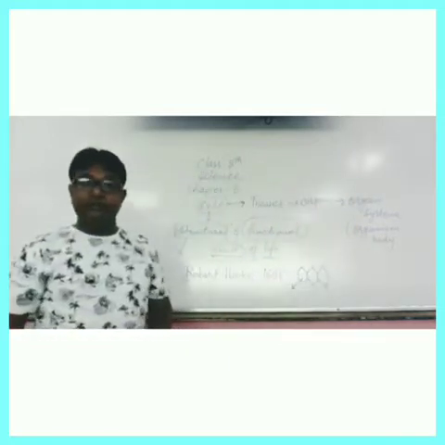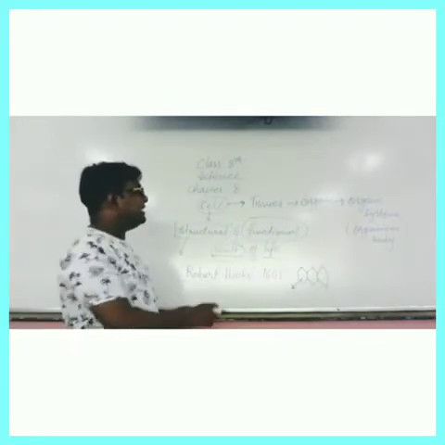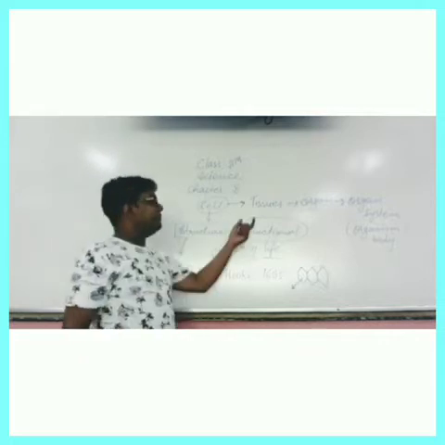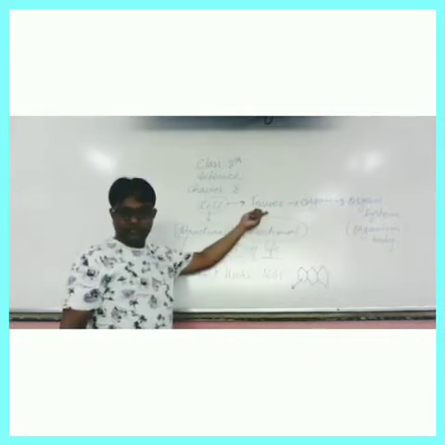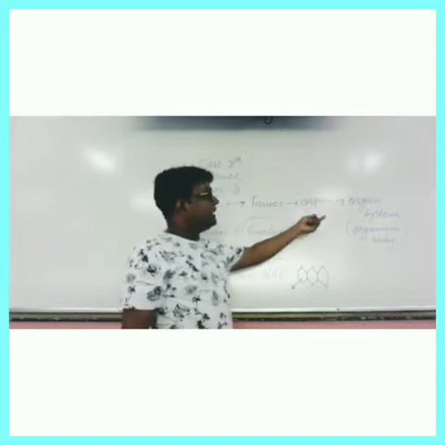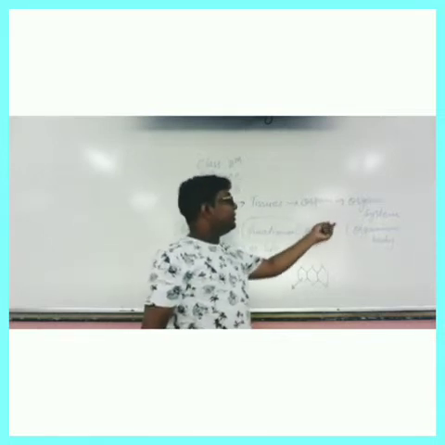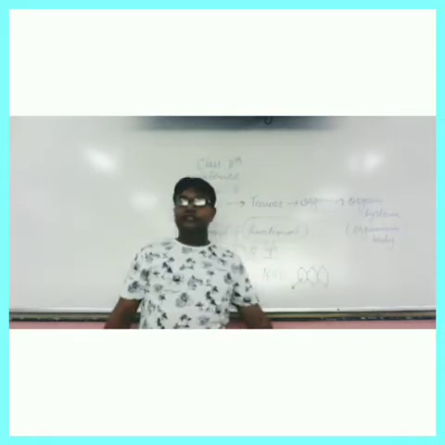Organism body means finally the cells are dividing into numbers and they form the group of cells called tissues. These tissues are grouped together to form organs. These organs are grouped together to form organ system.